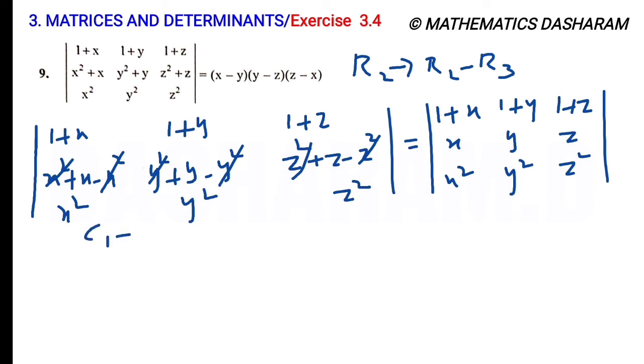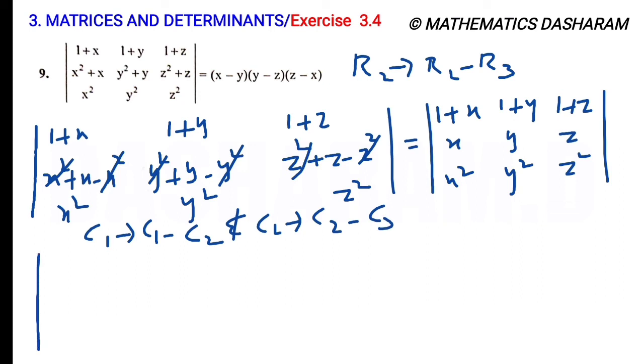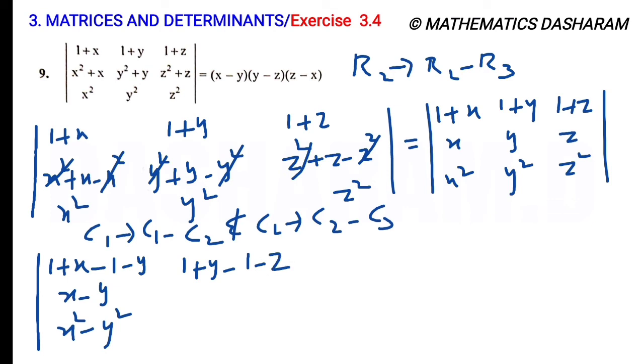So next, C1 replace with C1 minus C2, and C2 replace with C2 minus C3. So then first C1, 1 plus x minus C2, so minus 1 minus y. Next here x minus y. Next here x square minus y square. So next, C2 replace with C2 minus C3. So 1 plus y minus, so here minus of 1 plus z is minus 1 minus z. So y minus z, y square minus z square, and C3 will come as it is.